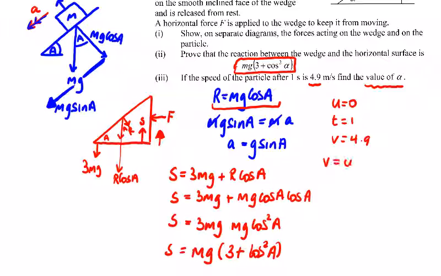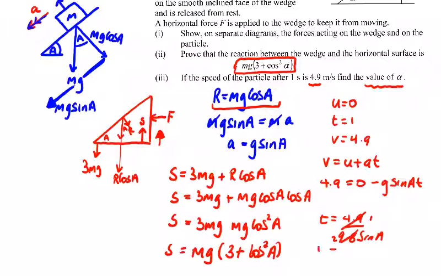So v is equal to u plus at. 4.9 is equal to 0, and a is g sin alpha, times t. So 4.9 is equal to g sin alpha. Well, we'll change that to 9.8. So that's the equivalent of 1 over 2. And we know t is 1, so 1 is equal to 1 over 2 sine alpha.